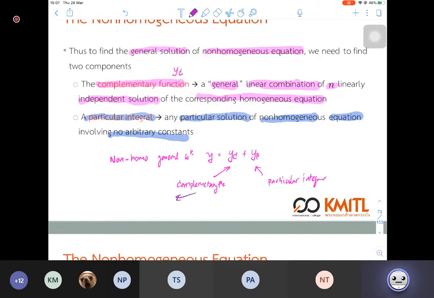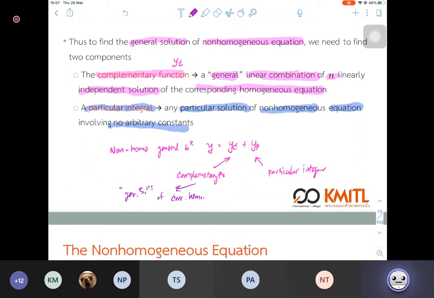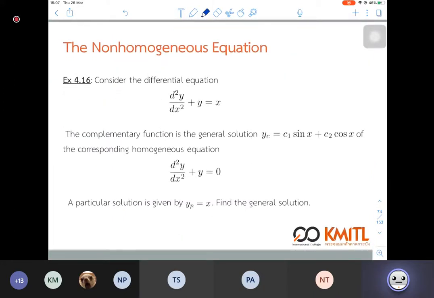This yc is the general solution of the corresponding homogeneous equations. Okay, so this is going to be the structure, right? So to find the general solution of non-homogeneous differential equations, you need two terms, right? The first term comes from the general solution of the corresponding homogeneous, and another term is the particular integral. Okay, let's see this example.